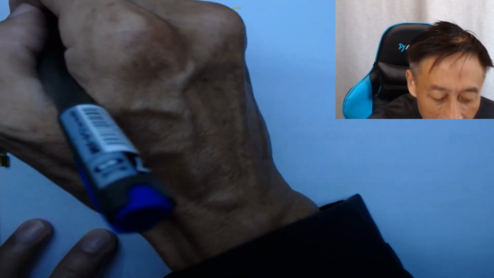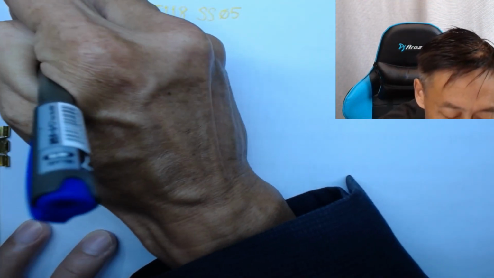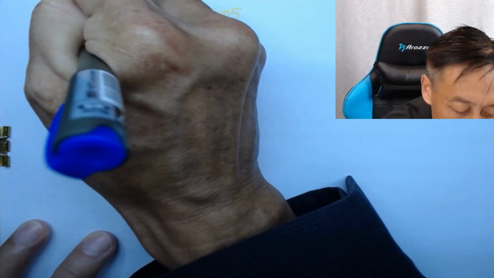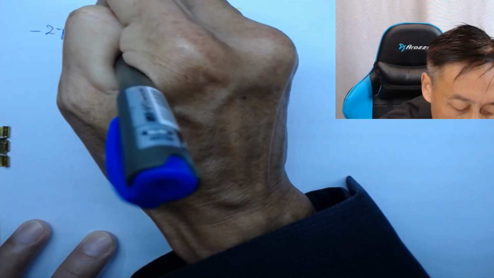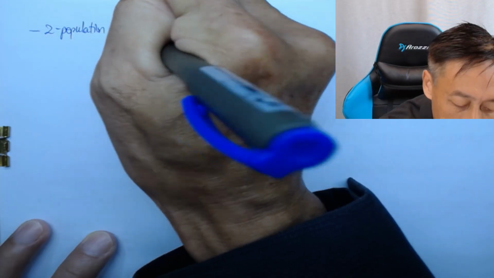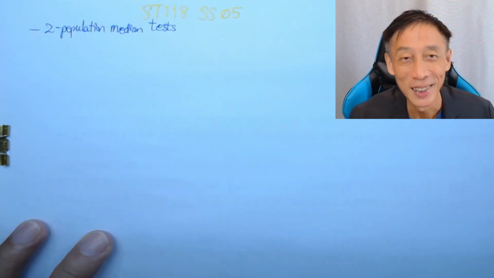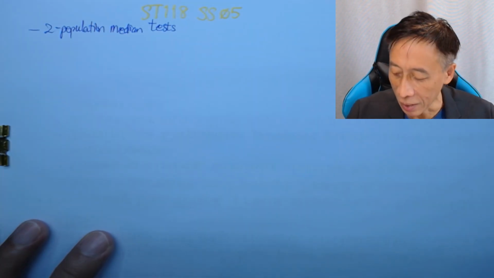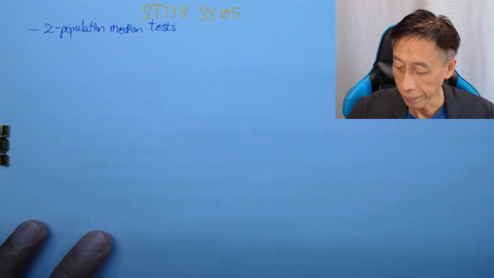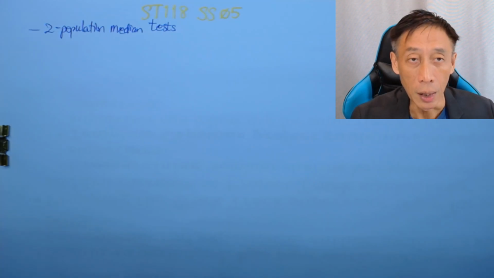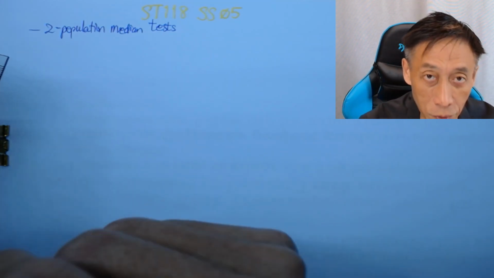In this session, we'll examine the two population median test. We use a plural here because, just like the parametric test situation, there are two tests involved.